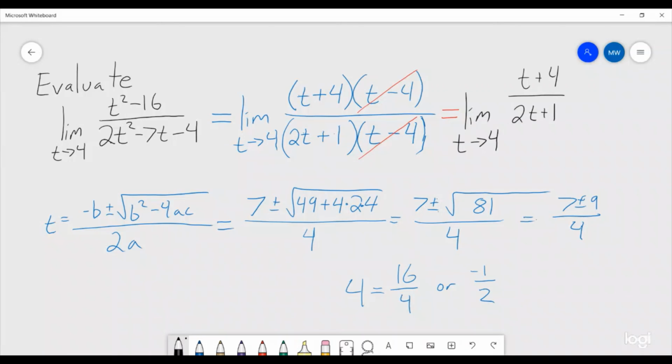And this is something where we can just plug in the number and see what we get. So if we plug in the number, we get 4 plus 4 is 8, divided by 2 times 4 plus 1 is 9. That is not a 0 over 0, which means that this is our final answer.